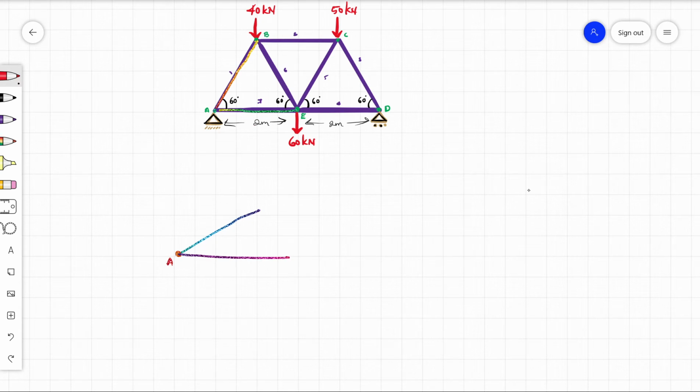What we do in the analysis is, the first thing, we assume all members undergo tension. This is my method. You can refer to any other method, but the answer comes the same.